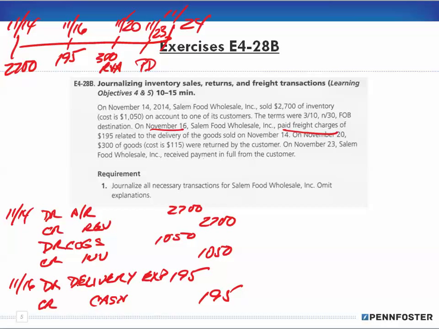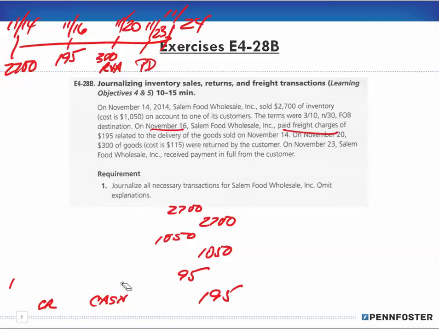But when you go into a new business, and until you become familiar with that chart, think about the categories, and you look under expenses, and then you choose the most appropriate account for that expense. So that's the entry for November 16th. Now, I don't have enough space here, so pause the video and write that down if you have to. Okay, and I'm going to erase all of this in order to continue on.